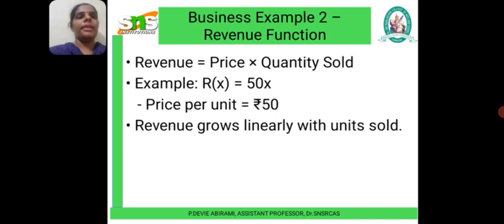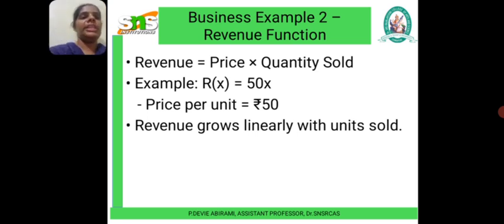My second example is the revenue function. Revenue is price into number of quantities sold. R of x is the revenue function. The revenue function is 50x, where the price per unit is rupees 50. That is, if I am selling some product for rupees 50, my revenue will be 50x.